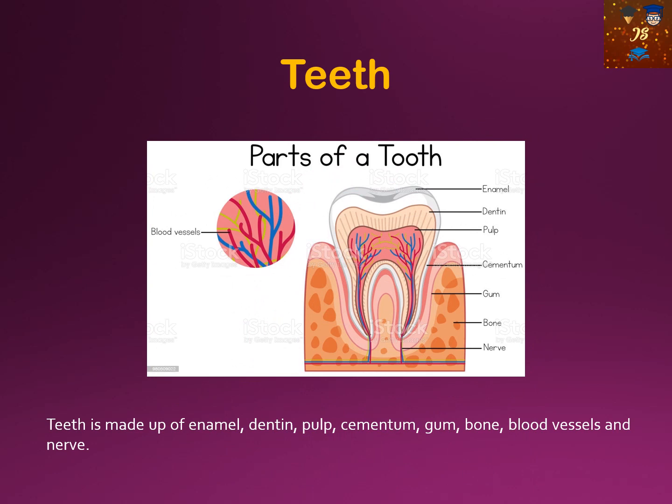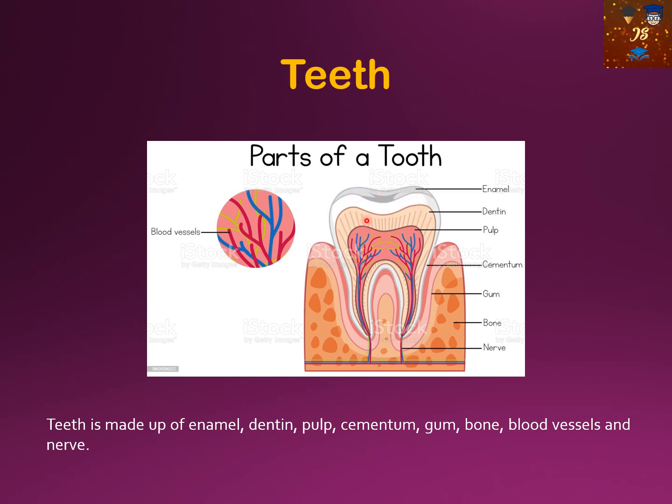If we think about a single tooth, we will see that it is made up of enamel, dentine, pulp, cementum, gum, bone, blood vessels and nerve. Let us see which one is which. This is the enamel part, our outermost and most shiny part.